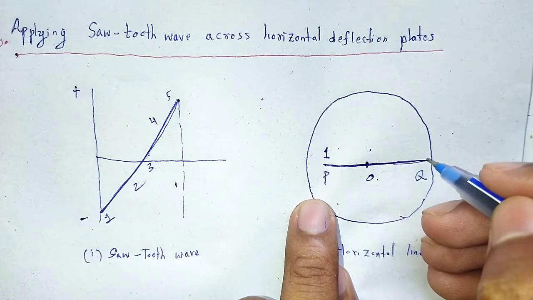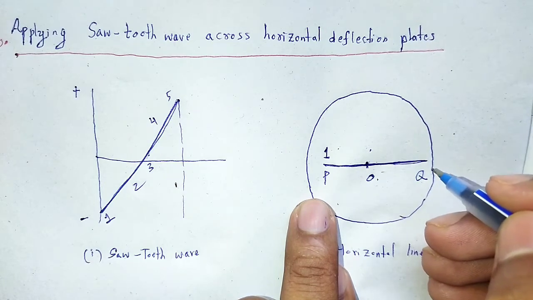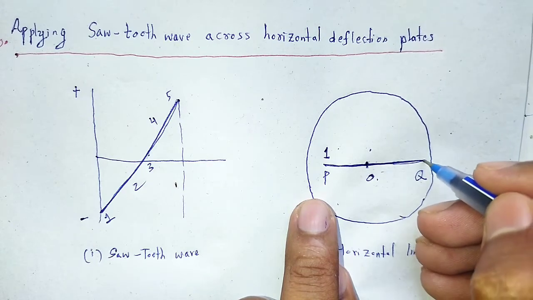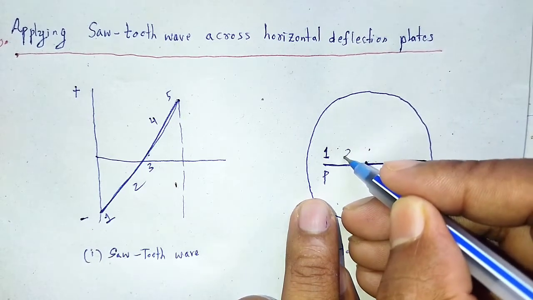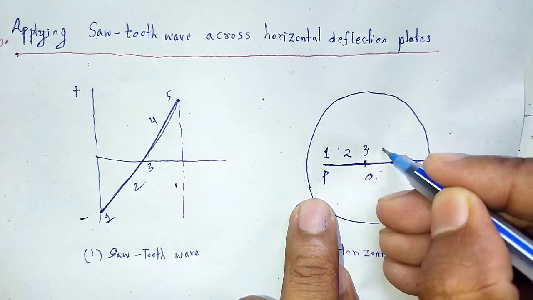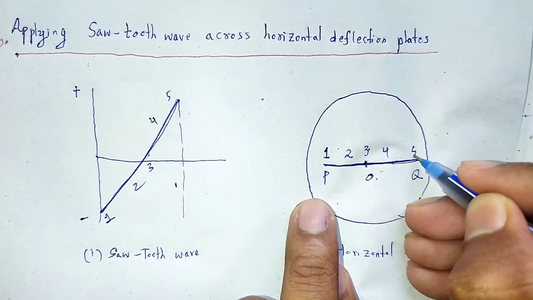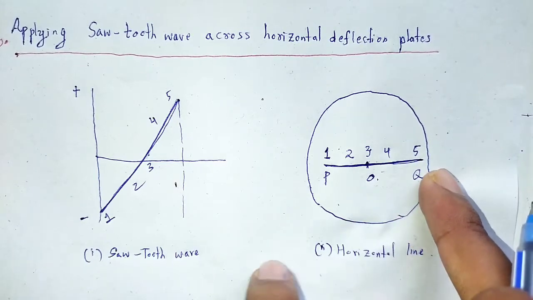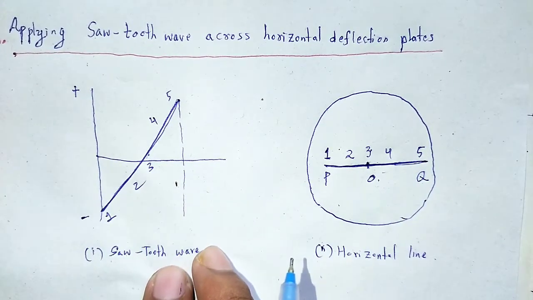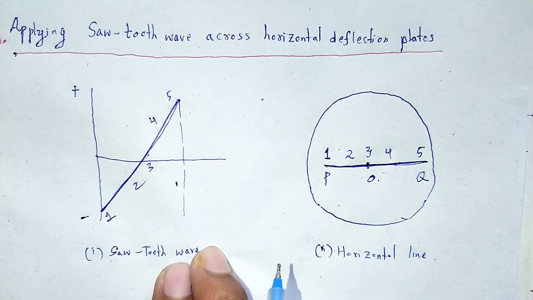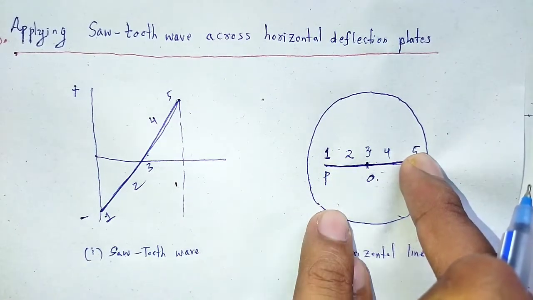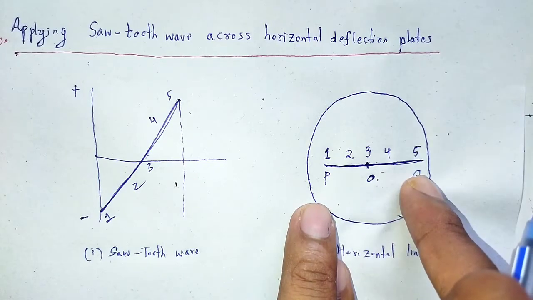Finally, the highest positive potential on the plate deflects the beam to the extreme right position Q. Thus, the sawtooth wave moves the beam from left to right at a uniform rate.